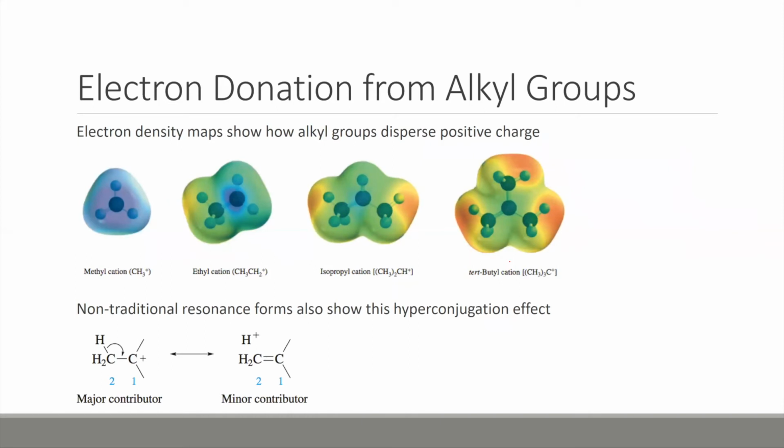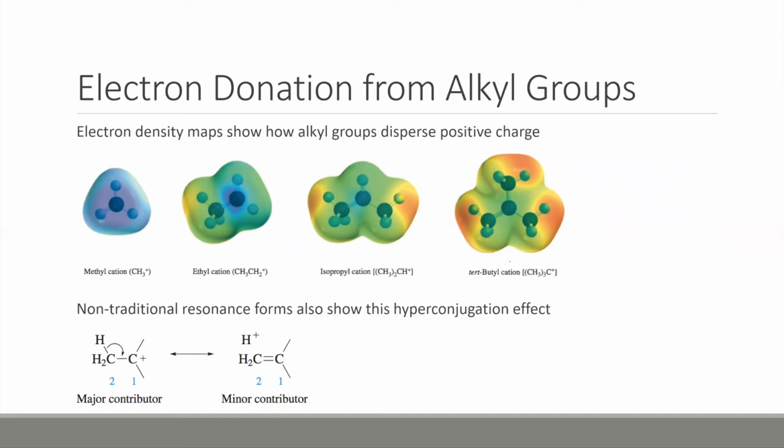You can see how stabilizing extra carbons are in an electron density map. So if we look at electron density maps showing how alkyl groups disperse their positive charge, remember here that positive charge in general is going to be located as blue and negative is going to be red.